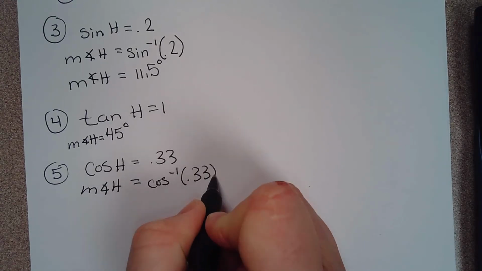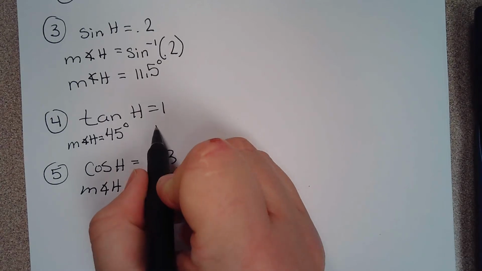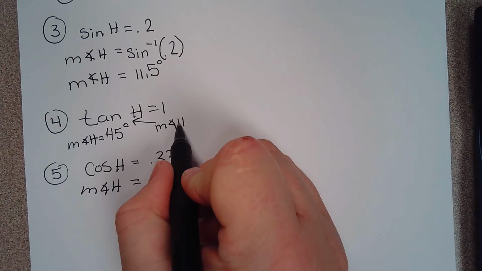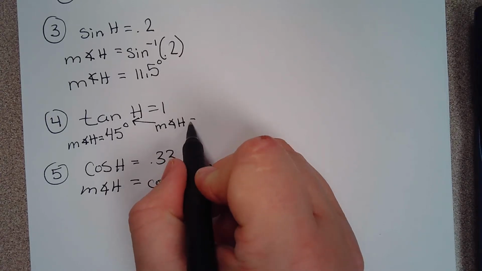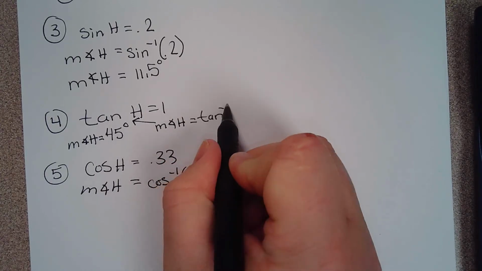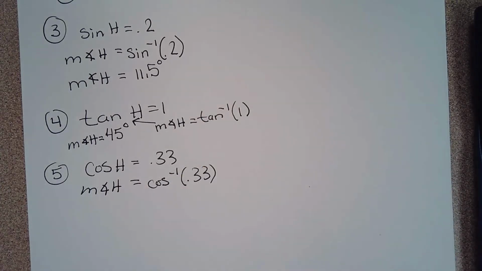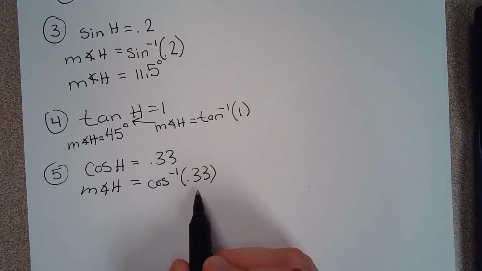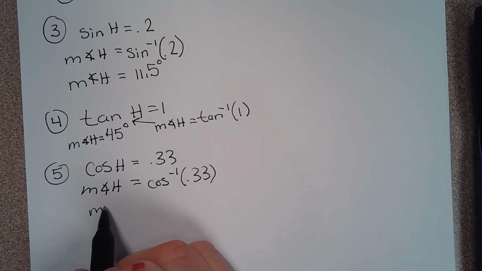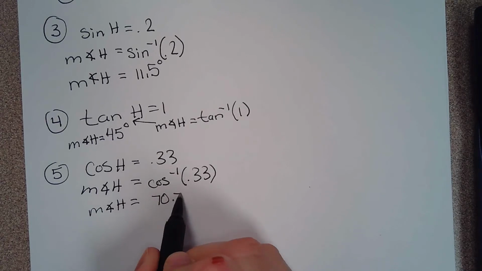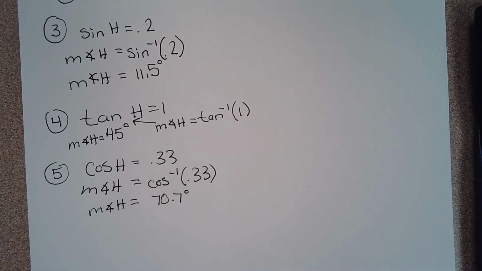I should have put this up here with the previous one: the in-between step that should have gone there is the measure of angle h equals tan -1 of 1, which is what we typed into our calculator. Now let's put this into our calculator. The measure of angle h equals 70.7 degrees. Once again, you hit the cosine, and it goes through.